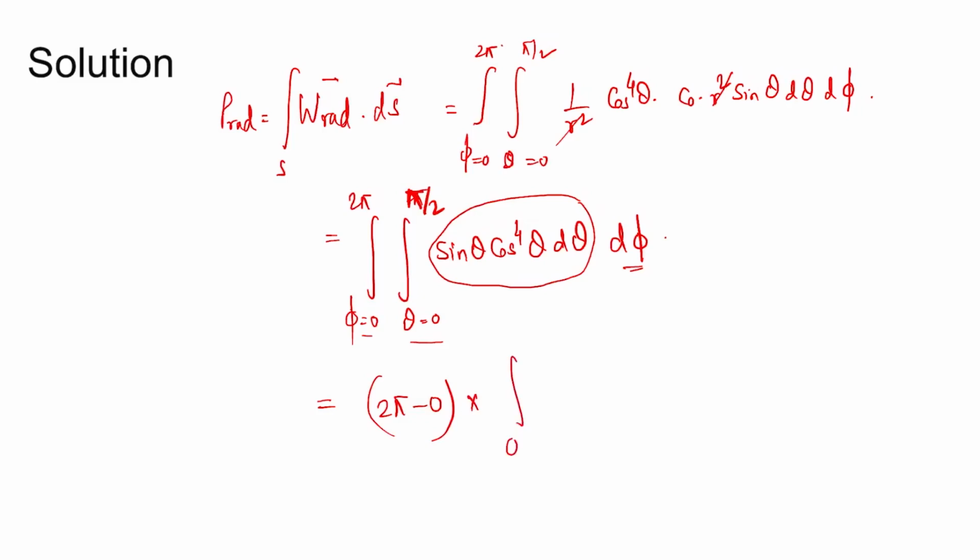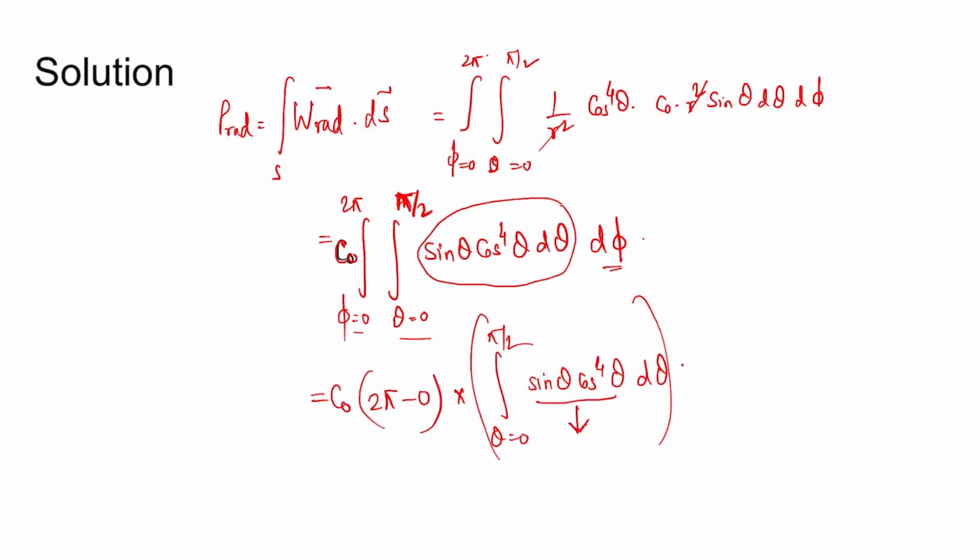if you solve this integration, 0 to pi by 2 sine theta cos to the power 4 theta d theta, you need to solve this. Let cos theta be u, then minus sine theta d theta equals du.